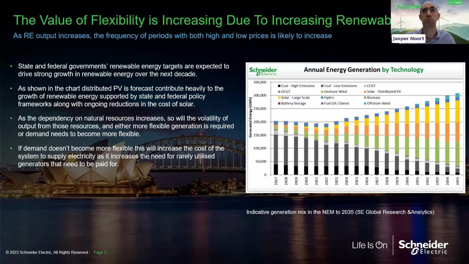With the renewable energy transition rapidly gathering pace in the next few years, we're starting to see increasing amounts of renewable energy into the grid, and to manage the highs and lows in output of that renewable energy, we're likely to see highs and lows of energy prices, and therefore we're starting to see more and more value in being able to shift your consumption across the day and across multiple days, as you can see there in the chart from our modeling, where we project the amount of generation from various sources into the future.